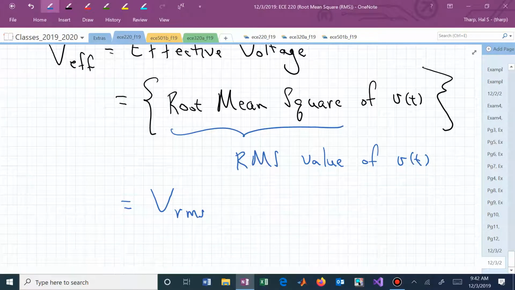On average is really what we're interested in. Can we boil that crazy time-varying waveform down and say that if I just had a constant voltage with this VRMS, it would provide the same numerical value for the P average?